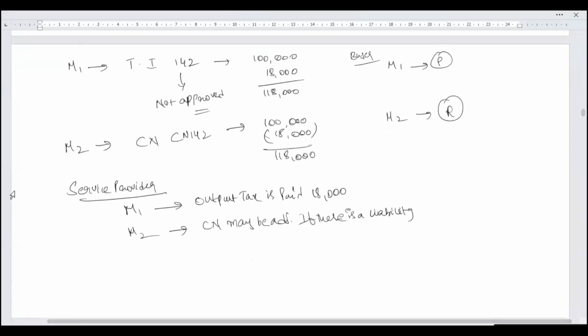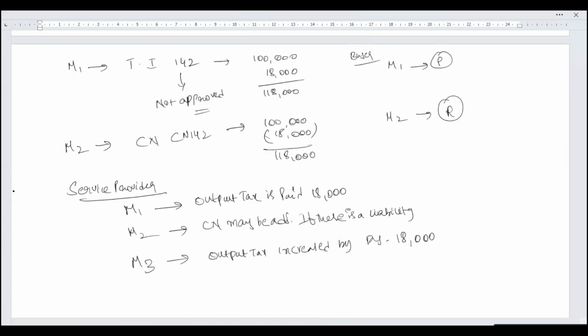Now, the moment he gets this rejection, in month 3, output tax increased by rupees 18,000.